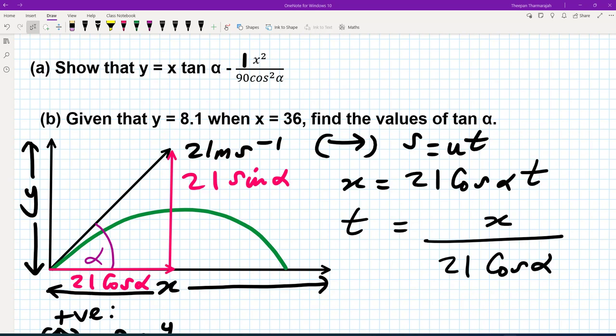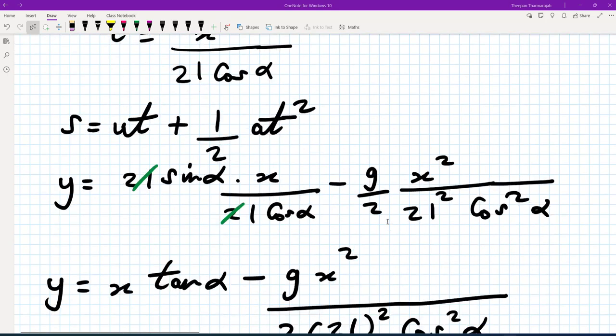Now part B says, given that y equals 8.1 when x is 36, find the values of tan alpha. So we're going to substitute y equals 8.1 and x equals 36 into our equation.